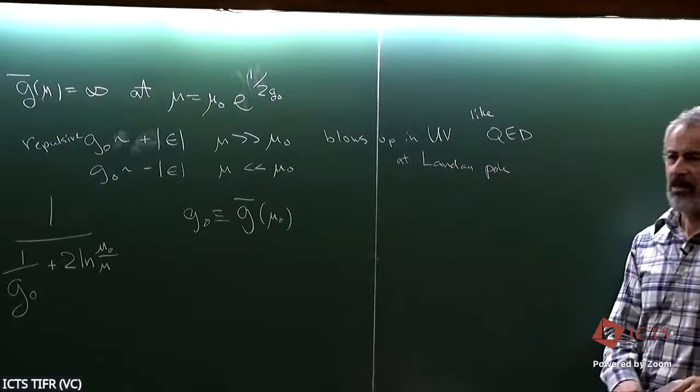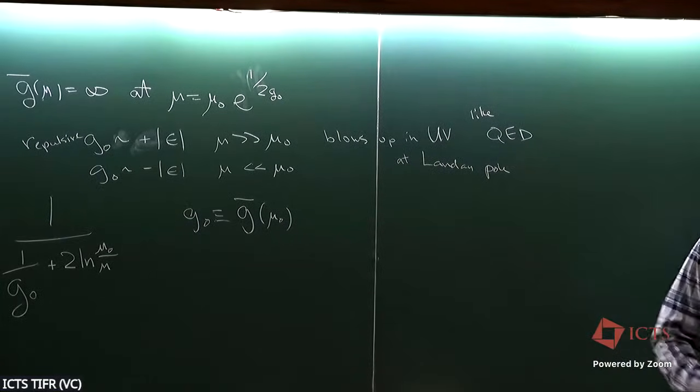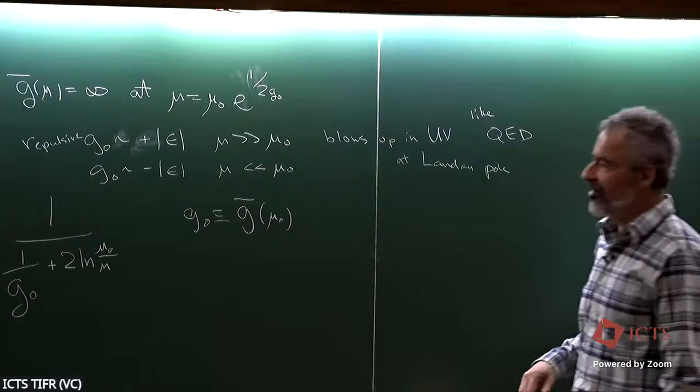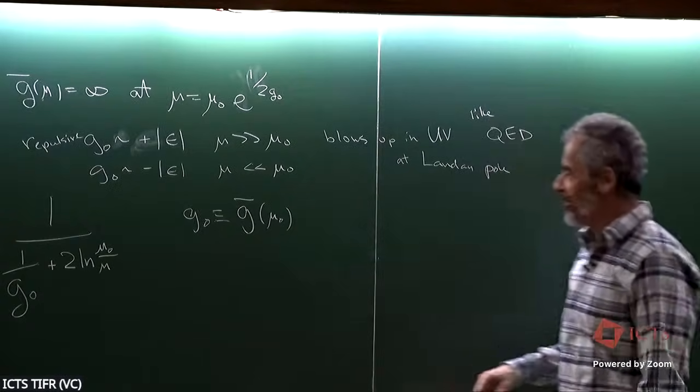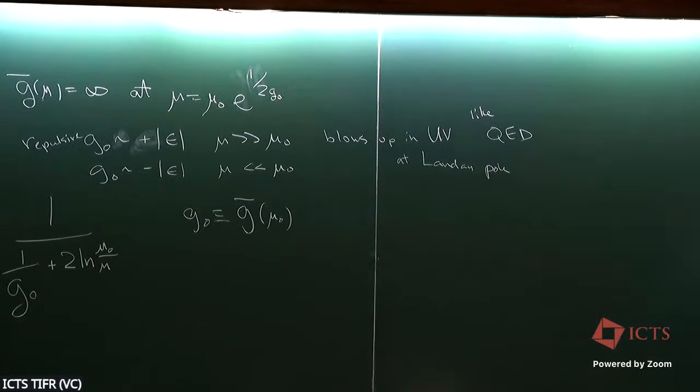In QED, charges get screened in the IR, they get weaker in the IR, which means they get stronger in the UV. As you probe closer to the electron, you pierce its shielding and you see a bigger and bigger charge until finally it looks infinite when you hit the Landau pole.